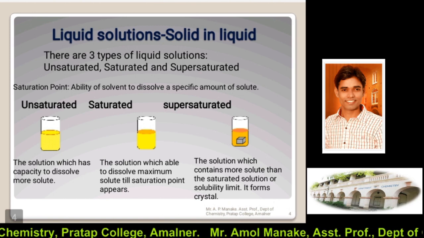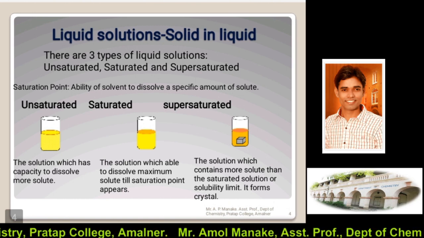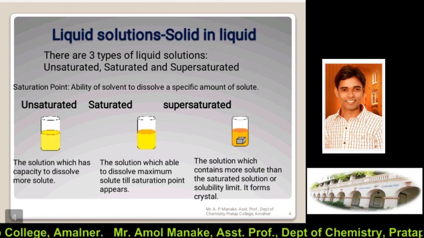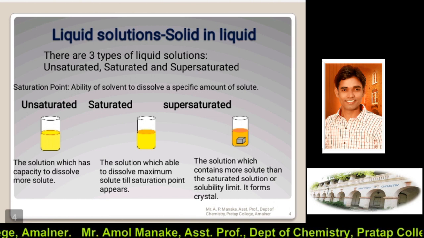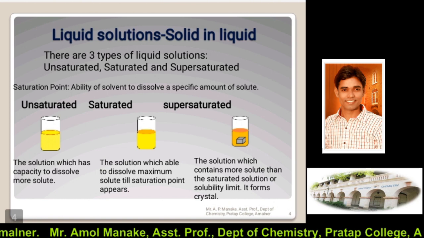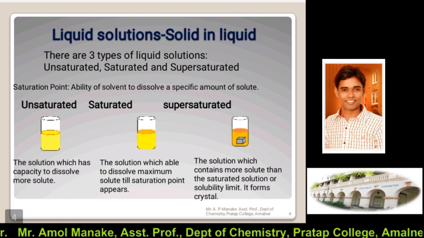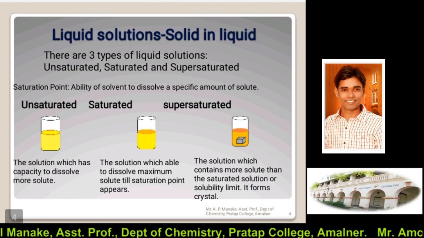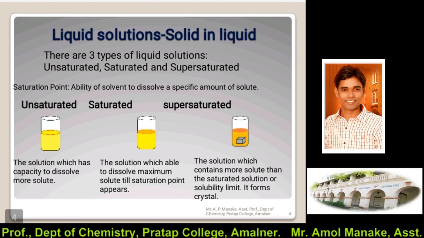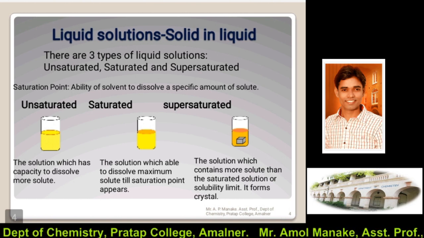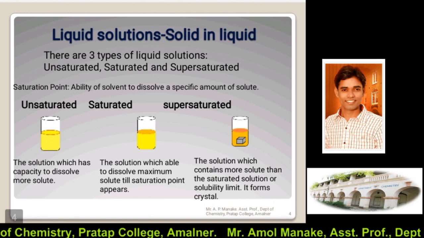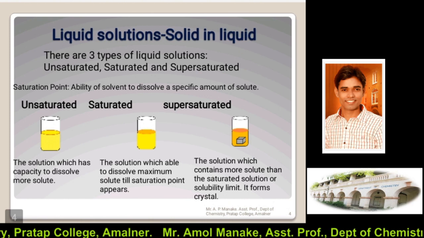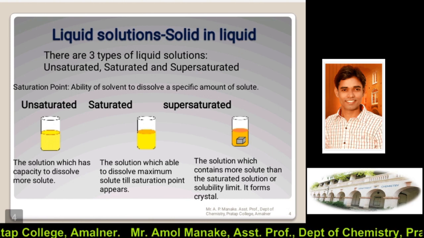Let us know what is unsaturated, saturated, and supersaturated. First, you can see here the unsaturated solution. The solution which has capacity to dissolve more solute is known as an unsaturated solution. What is a saturated solution? The solution which is able to dissolve maximum solute till the saturation point appears.